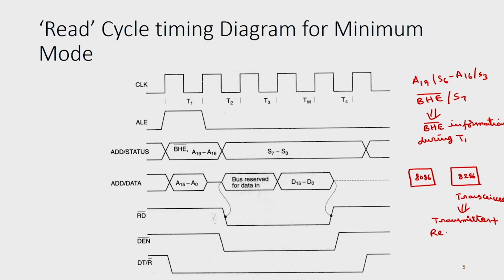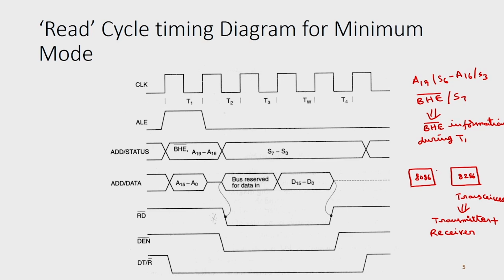In transmitter you take 'trans', in receiver you take 'ceiver', so it is called transceiver. So this 8286 will act as a transceiver. The microprocessor can read data from the 8286 or write data into the 8286.